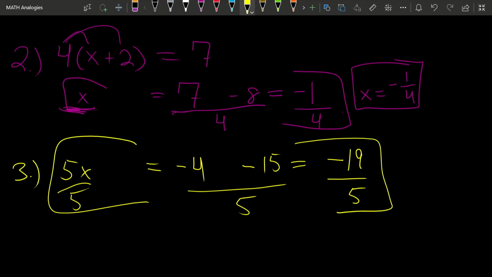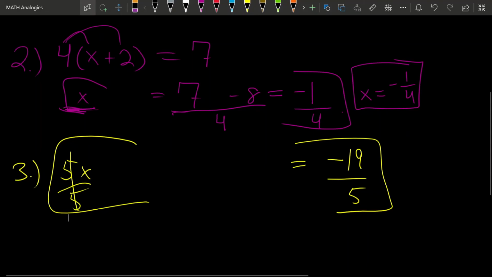And so you might have seen in my previous video, I just erased all this stuff in the middle because we don't really need it anymore. Alright, so what we're left with is 1x, because 5 over 5 equals 1. So we have 1x equals minus 19 over 5. And it's just that easy.